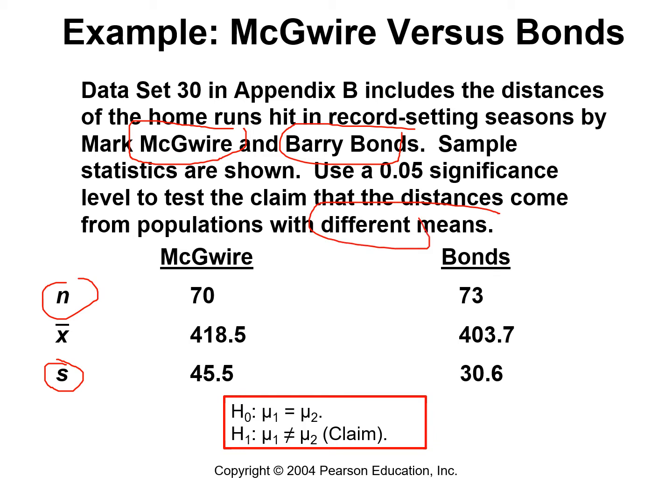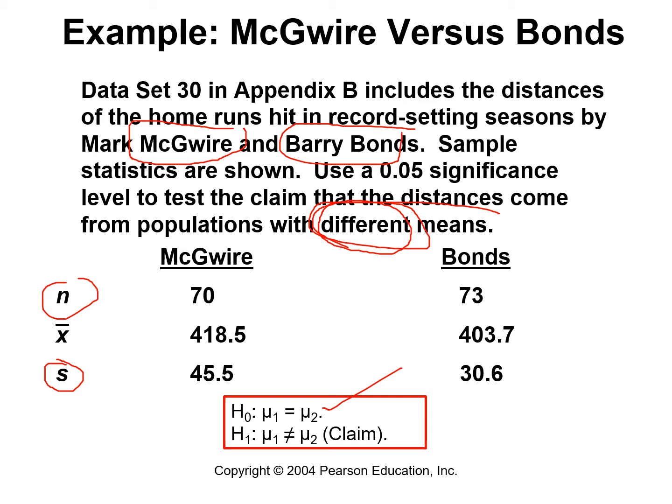Here the word different is important in stating the alternative hypothesis. H naught, the null hypothesis, is mu1 equals mu2. This is constant. In two independent samples, mu1 equals mu2 means that there is no significant difference between the two means.